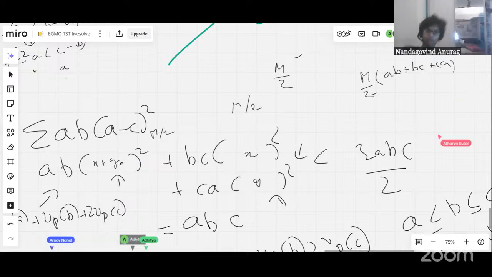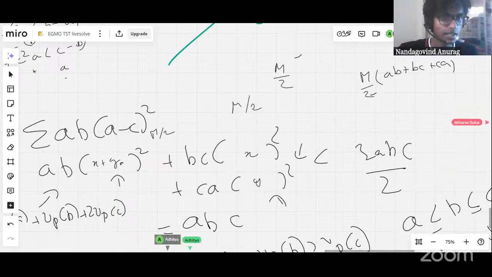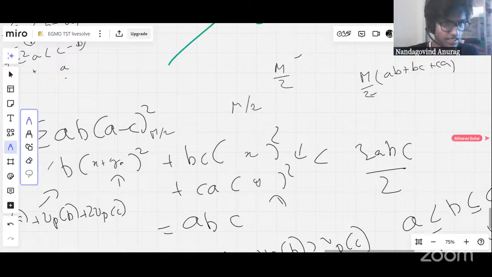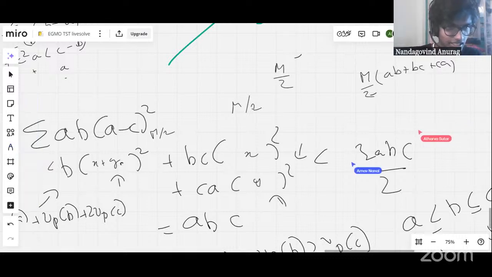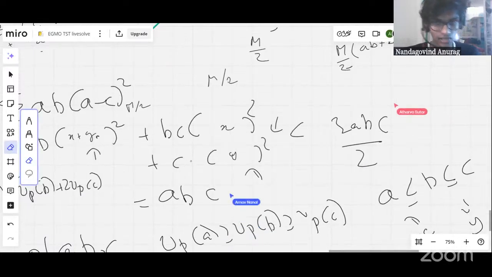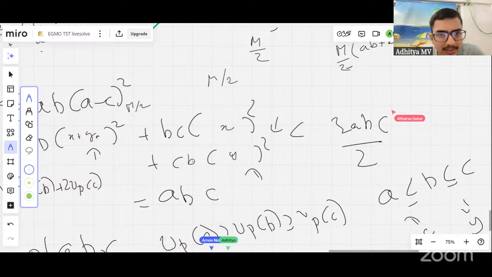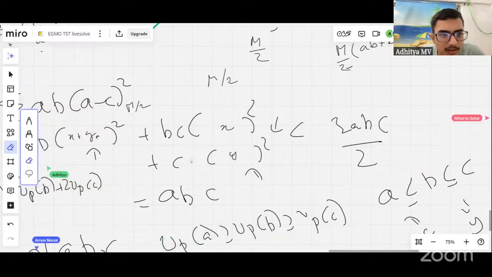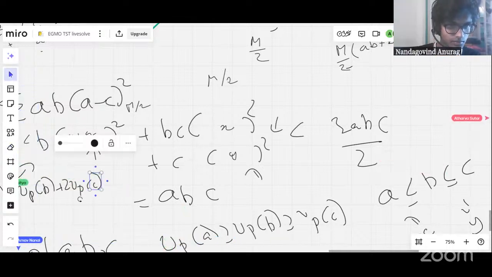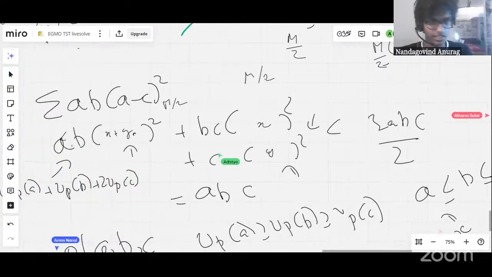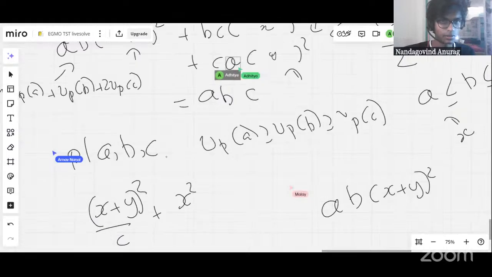Oh wait. AB is less than or equal to BC, and CA is less than or equal to BC. Okay, wait, let me write it again.